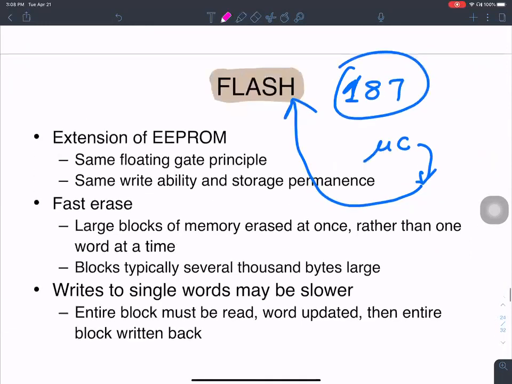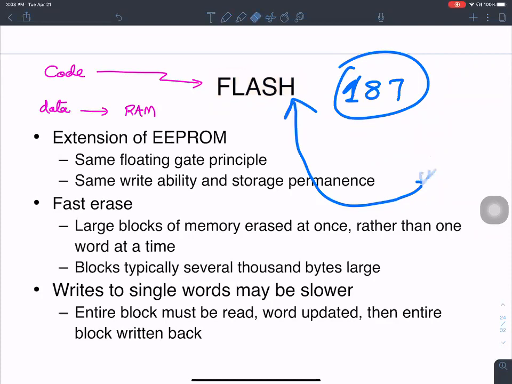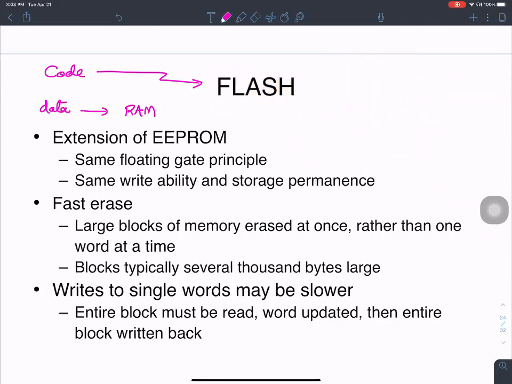If you took 187, the microcontroller code is stored in the flash memory and data is stored in the RAM memory. So code is stored in flash memory while data is stored in RAM memory. 187 is just one example.